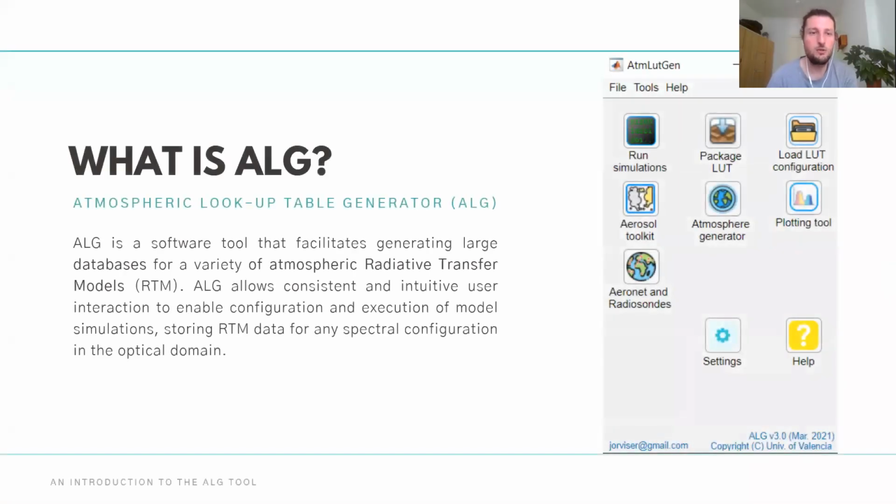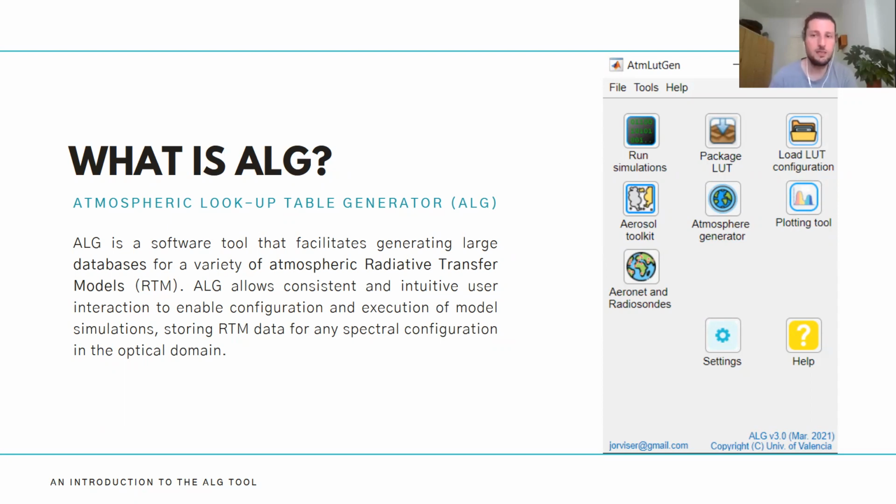So, based on that, the idea was to develop this atmospheric lookup table generator, or ALG. It's a graphical user interface with which you can simply select your radiative transfer model, and then configure the simulations that you want to run.